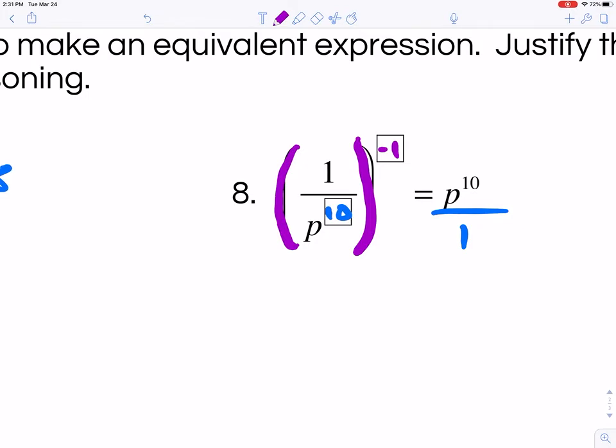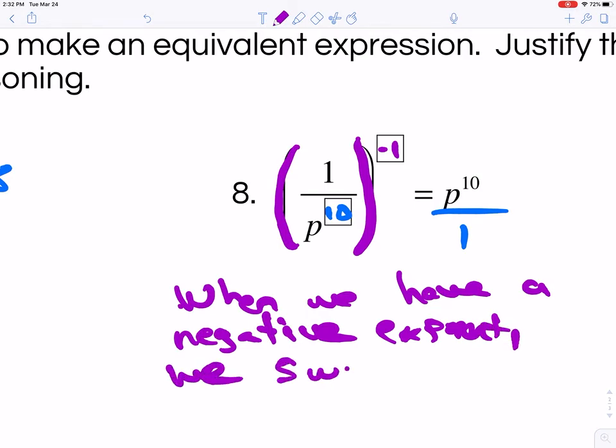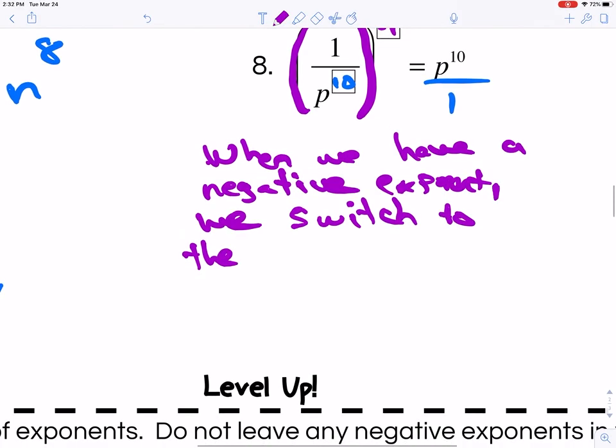So just to reiterate, when we have a negative exponent, we switch to either the numerator or denominator.